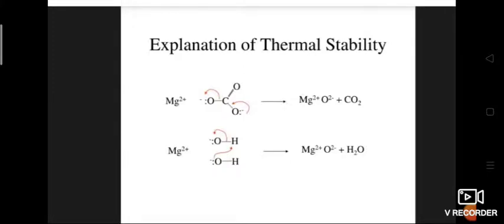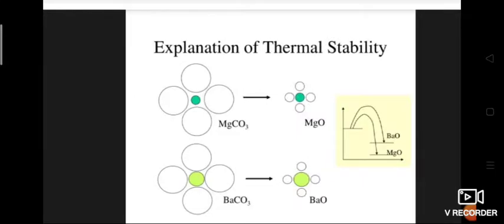It decomposes into magnesium oxide and carbon dioxide. So when magnesium carbonate is heated, it turns to magnesium oxide. Barium carbonate turns to barium oxide.